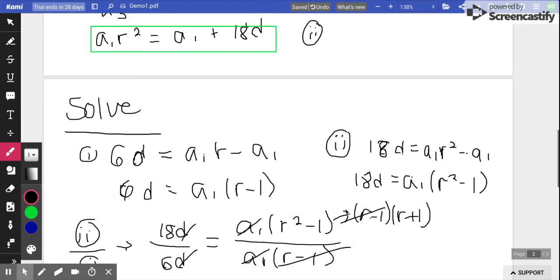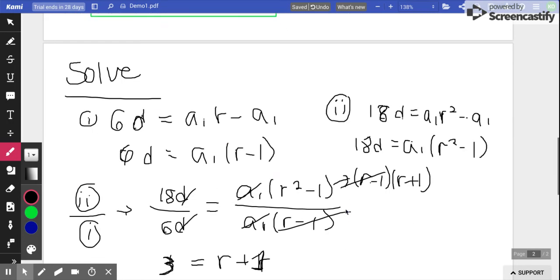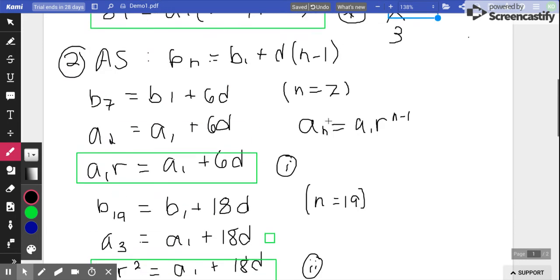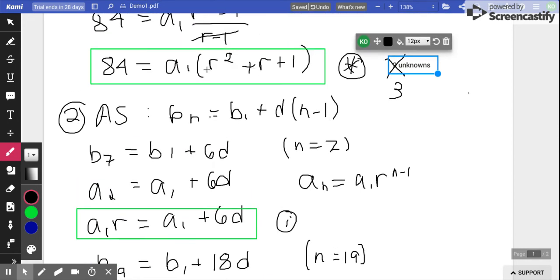So now, if we have R, we need to find A1. These equations have D, which is kind of annoying, but this equation here at the top only has R and A1. So I will be able to use this equation to solve for A1.